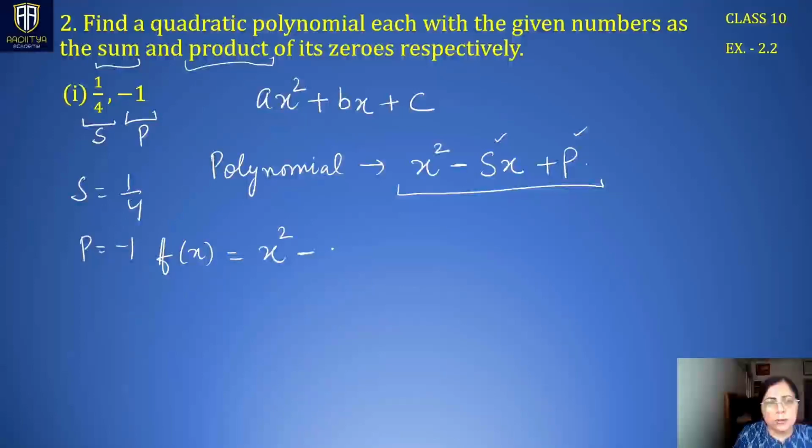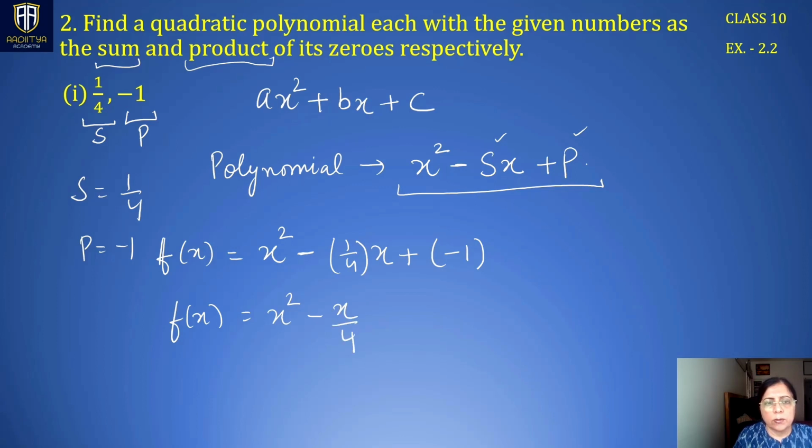So when you put here sum, it is 1 by 4 times x plus product. Product is minus 1. So in that case, your polynomial becomes x square minus x by 4 minus 1. Right?